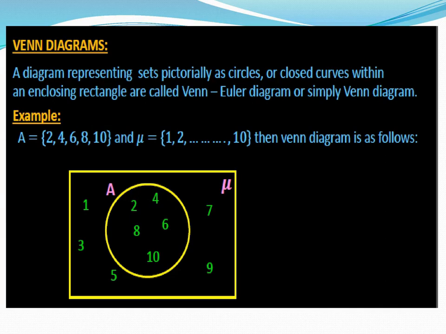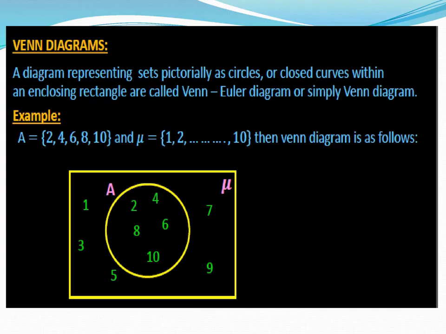Then draw one circle to represent set A. Write the elements present in set A, 2, 4, 6, 8, 10, in the circle. These are all part of mu, because mu contains the numbers 1 to 10. So set A is contained in mu. The remaining elements, 1, 3, 5, 7, 9, are written outside the circle. So we can represent these.